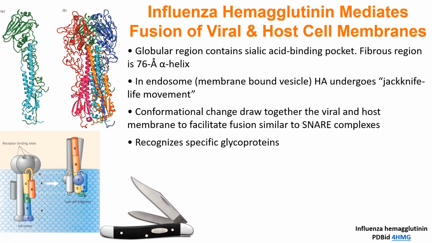And when we find this lipid, the hemagglutinin is going to bind to it, and then it's going to jackknife, which in essence pulls the flu towards your plasma membrane.